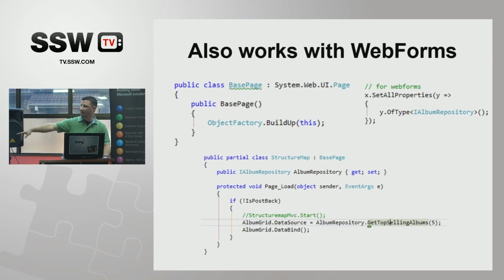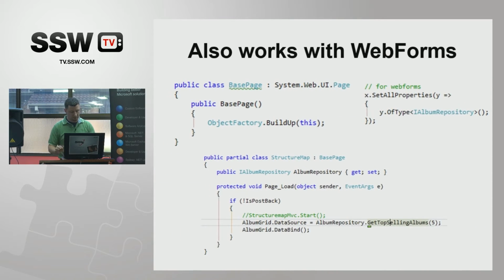And then if I create a page that has that as a property, I can work with that album repository without ever instantiating it in my web form, because it's going to get automatically set by StructureMap when the base page constructor fires. And so this is a nice way that you can do IOC and a sort of strategy dependency injection technique using web forms, which traditionally it's not that easy to do, because there's no way to hook into the constructor for the page.